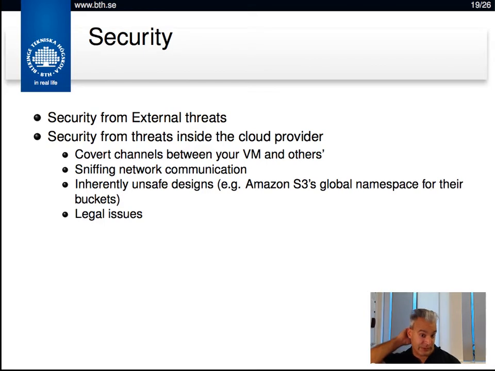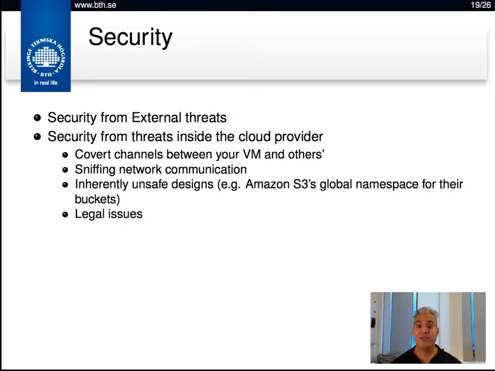Security can be divided into security from external threats and security from threats inside the cloud provider. External threats are the obvious ones that we normally think of, that someone from the outside is trying to hack our system, break our system, or use and abuse our system. Inside the cloud provider, since we are sharing our machines, our virtual machines, with a lot of other users, there might be covert channels between our virtual machines and others.